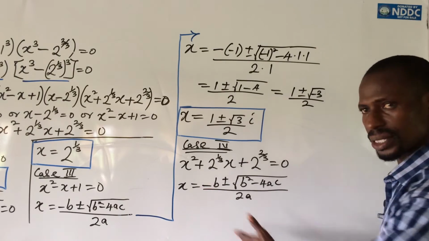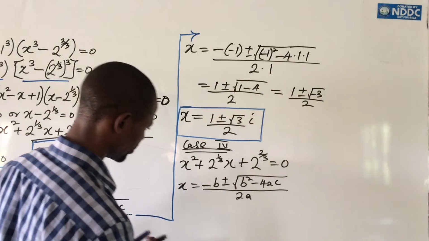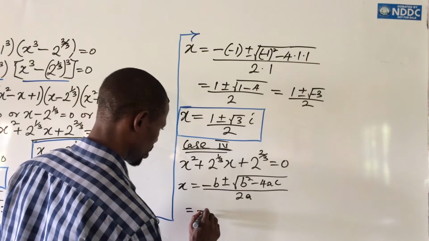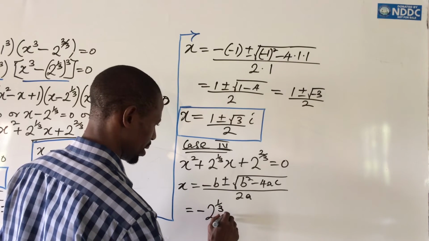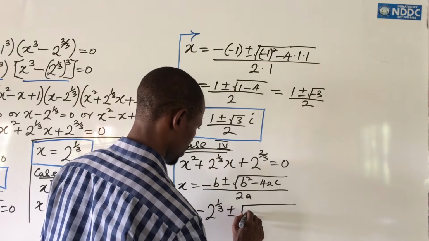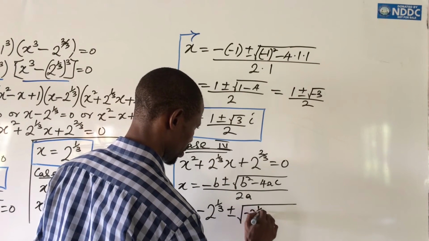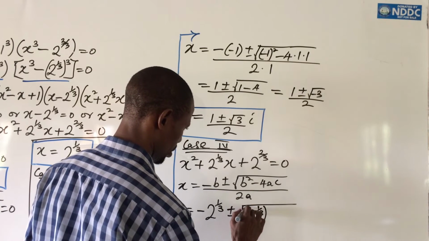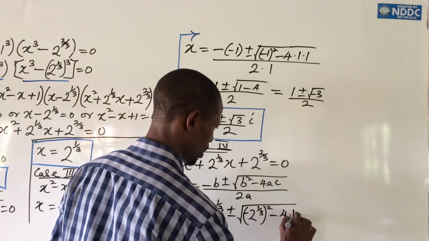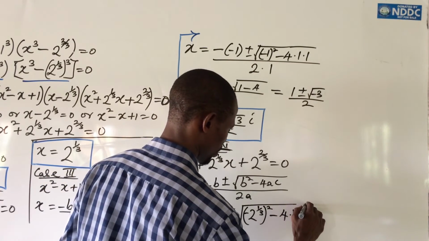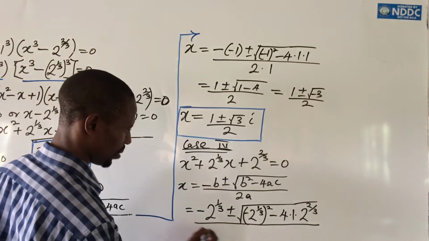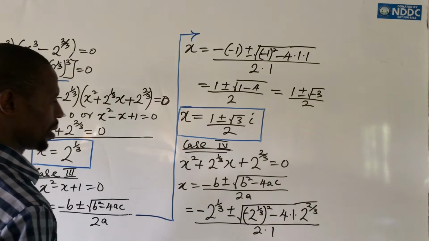If we input our values here, x is going to give us minus 2 to the power of 1 all over 3, then plus or minus the square root of, here b is the same, minus 2 to the power of 1 all over 3 squared, then minus 4 times 1 times 2 to the power of 2 all over 3, all over 2 times 1.